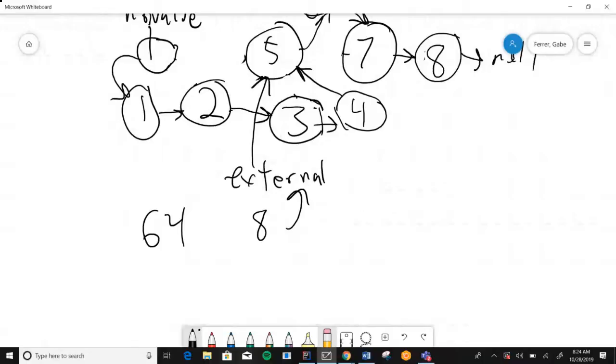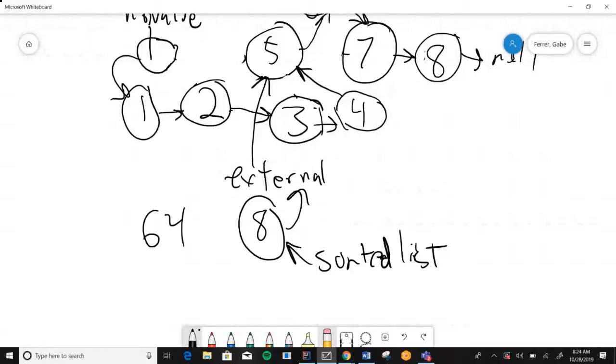At this point, I might be able to say, scan these 8 external links. And just to really bring this home, we might keep these 8 in their own sorted list.